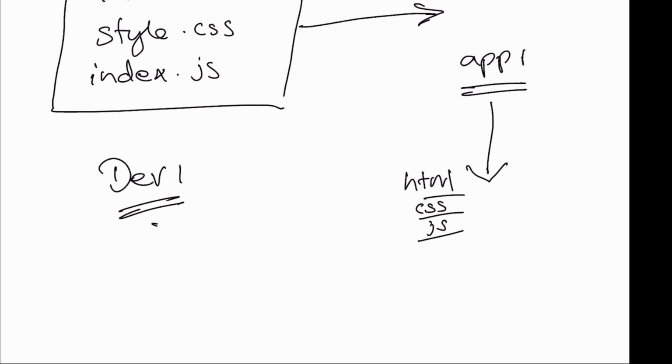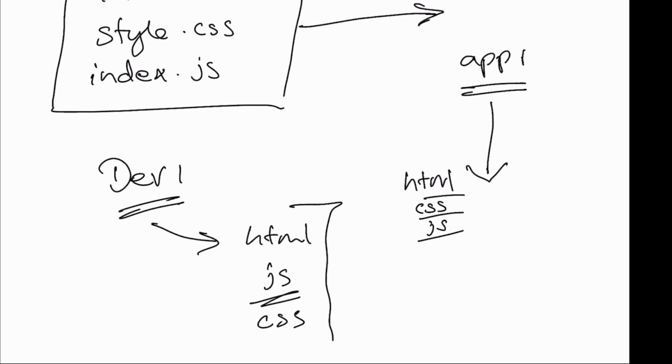Now this developer goes and makes changes in the HTML file. He makes a lot of changes in the JS file and probably a bit of changes in the CSS file. He runs the code and goes back home. He finished working for today and comes back tomorrow. He logs in. Now whatever changes he has made, he gets to know that it's wrong.